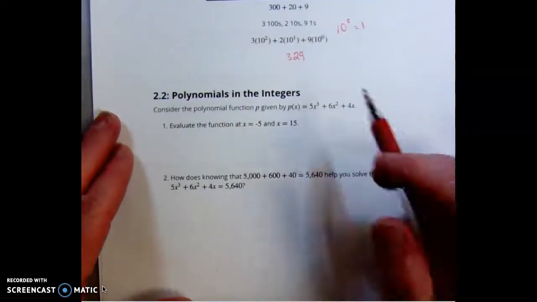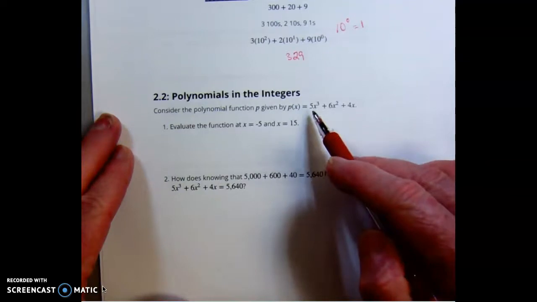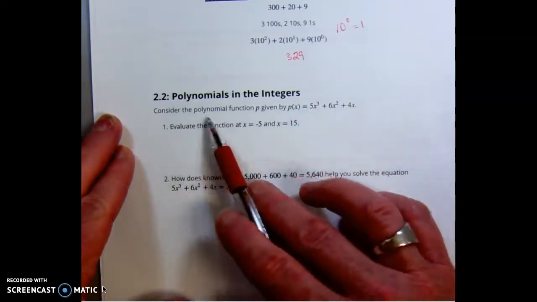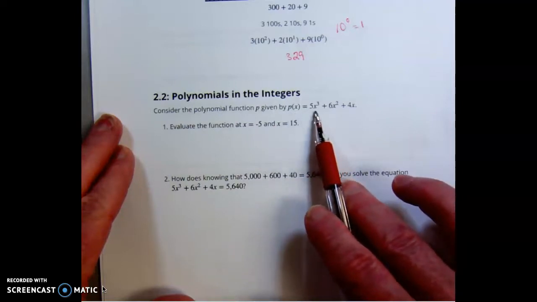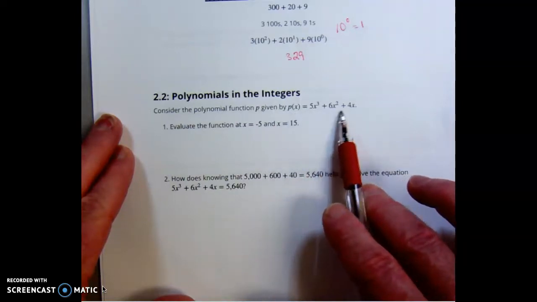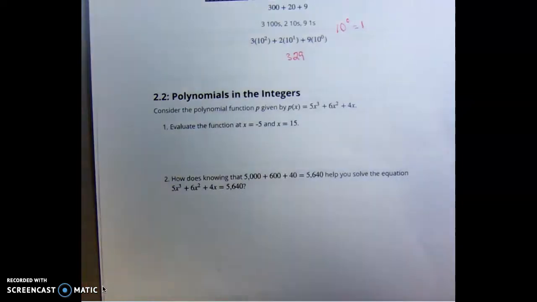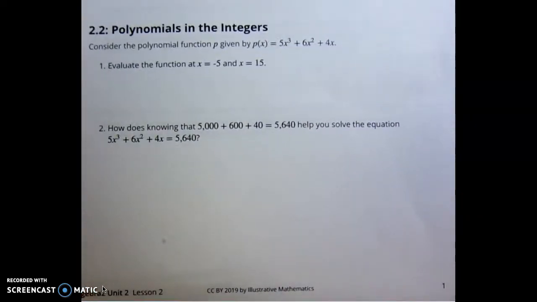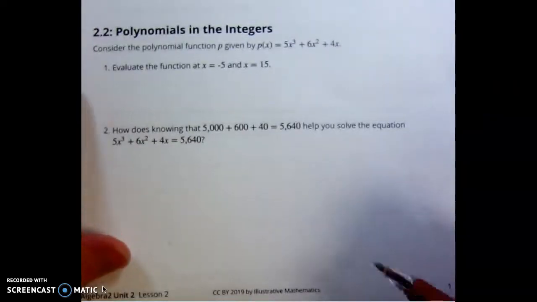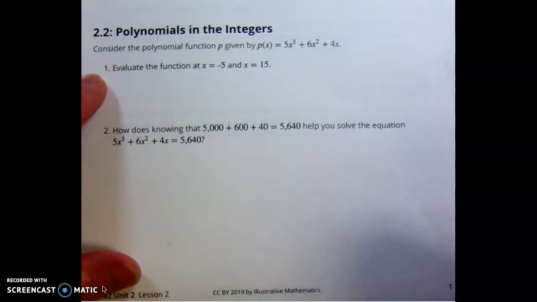All right, so it says polynomials in the integers. Consider the polynomial function given by p of x equals 5x to the third plus 6x squared plus 4x. It says evaluate each function at x equals -5 and at x equals 15.